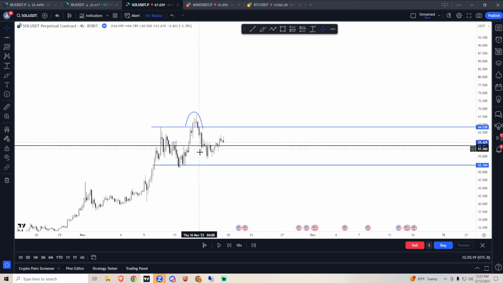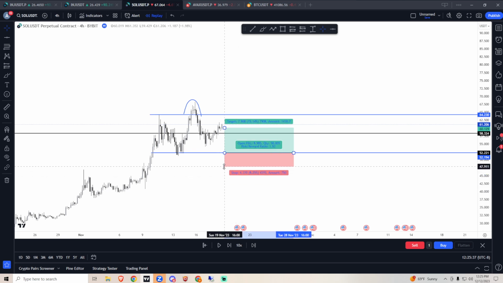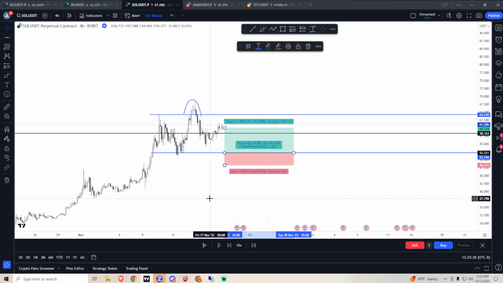So again, mid-range, the hardest area to trade. Whenever we have a range and we get into the mid-range area, I typically stay out. I like to wait for the higher RR trades, so range highs and range lows. If you were to go into range lows, we long there, stop loss probably somewhere below there.